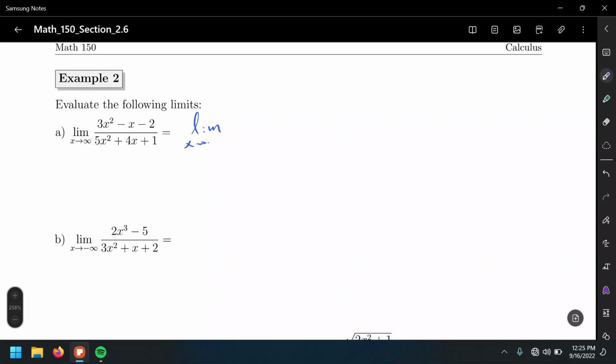Limit as x approaches infinity of 3x squared over x squared minus x over x squared minus 2 over x squared, over 5x squared over x squared plus 4x over x squared plus 1 over x squared.